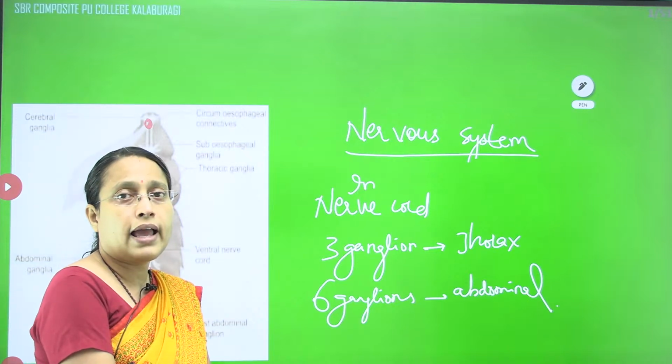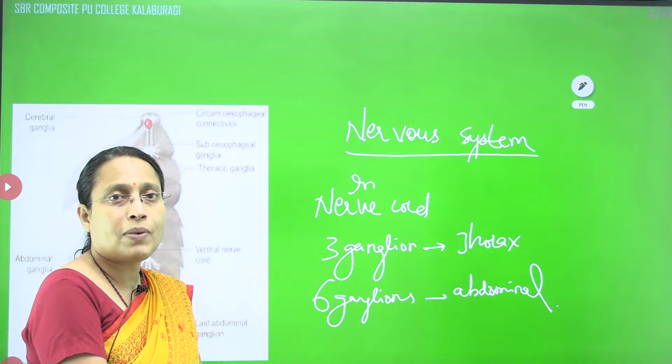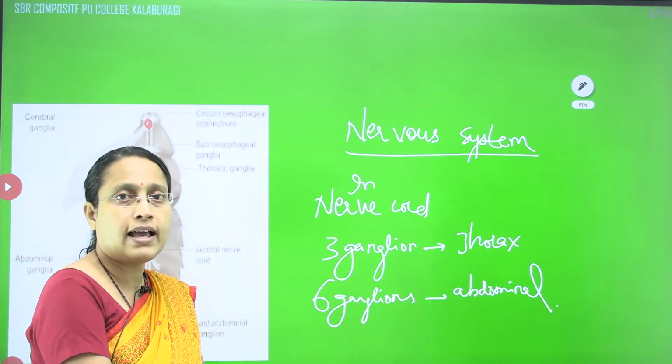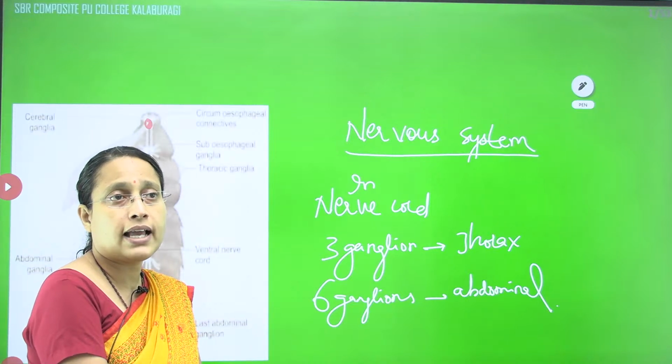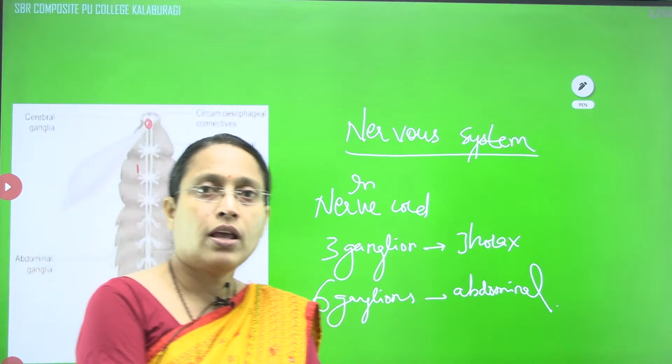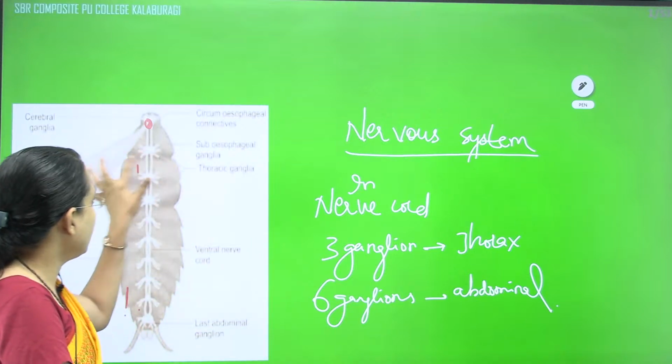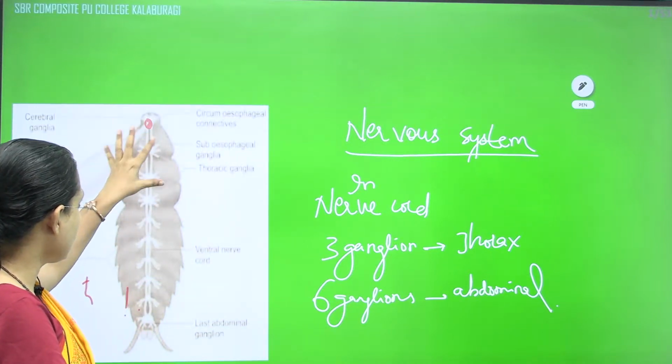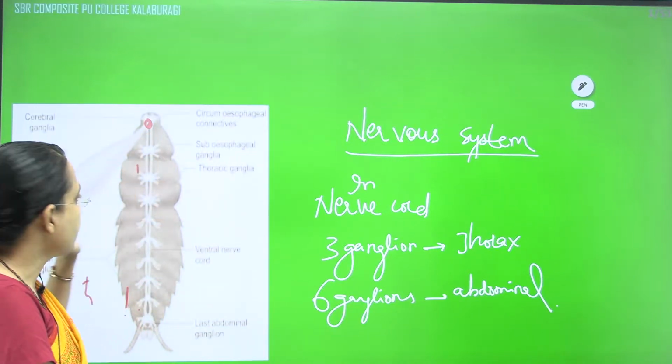Those ganglions present in the head supply nerves to the compound eyes and antennae, whereas the subesophageal ganglion supplies the maxilla, labrum, mandibles and so on. And these are called segmental ganglia, supplying their respective segments.